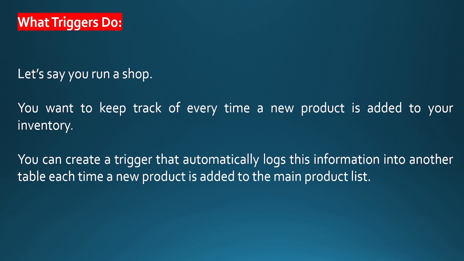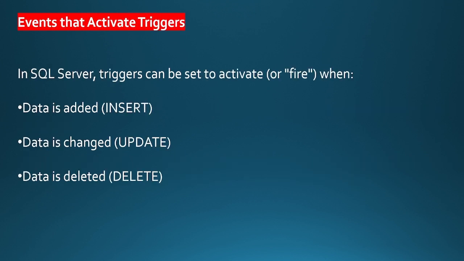In a similar manner, when we talk about triggers in Microsoft SQL Server, triggers act like that. For example, if we want to track the information of a new employee who has joined a company, or you want to update something, or you want to delete, triggers can be activated on the basis of these three things: insert, update and delete.